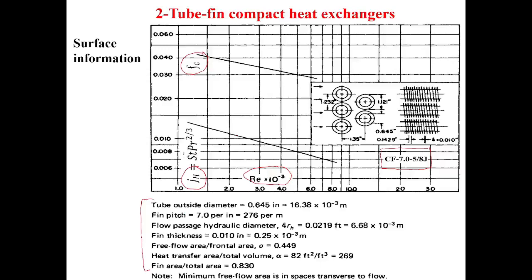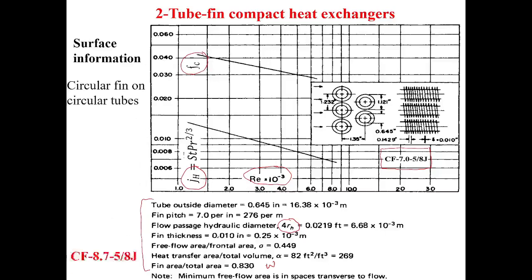The flow passages, the hydraulic diameter, which, this is actually the hydraulic radius, but 4 times the hydraulic radius will give you the hydraulic diameter. Fin thickness, free area over frontal area, which is sigma, and also the heat transfer area divided by the volume, alpha, in addition to omega, which is the fin area divided by the total area.